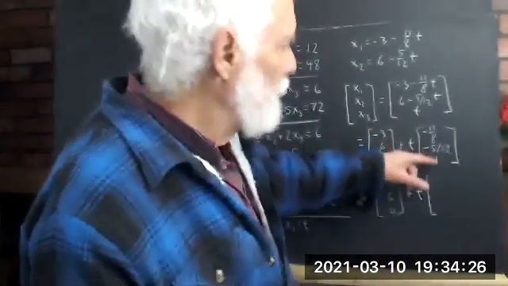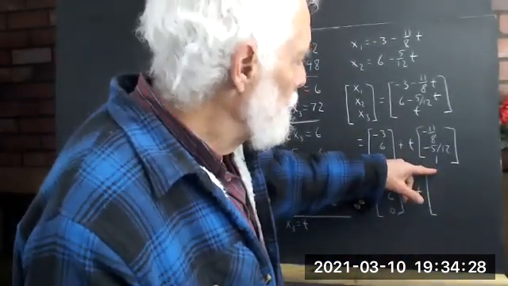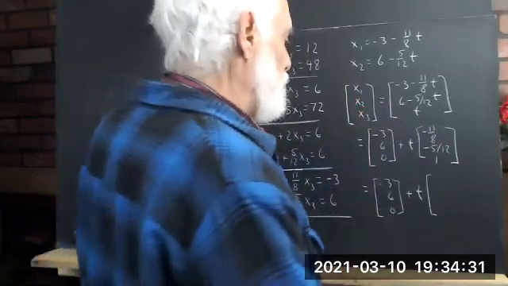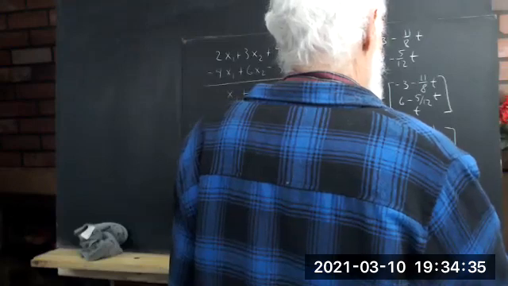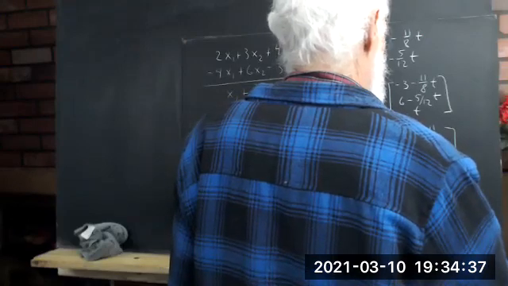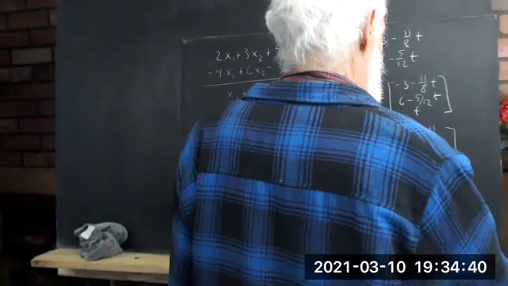Not all that important to understand that, but if I multiply all of these numbers by 24, I get -33, -10, 24.